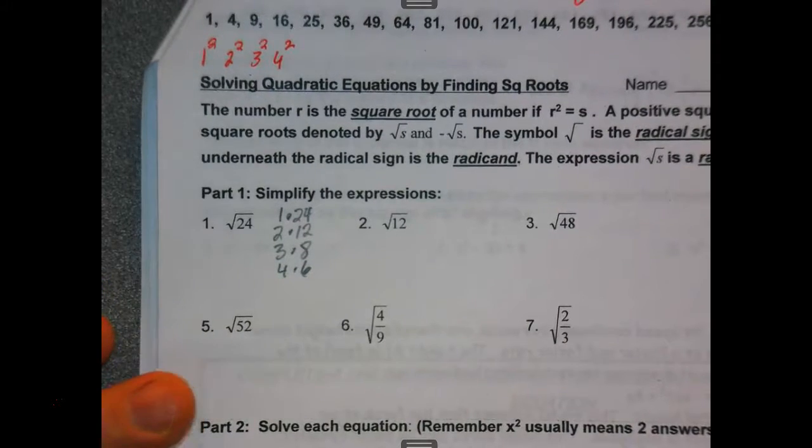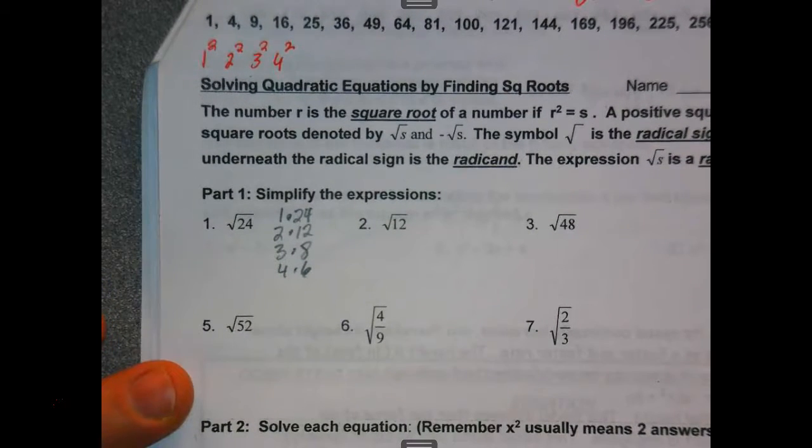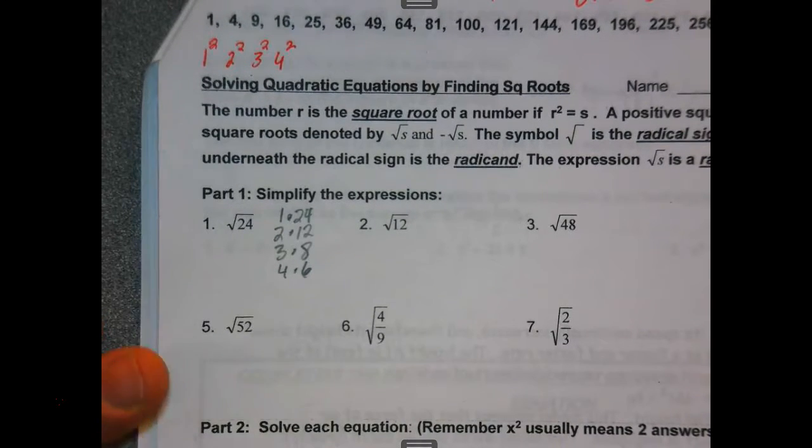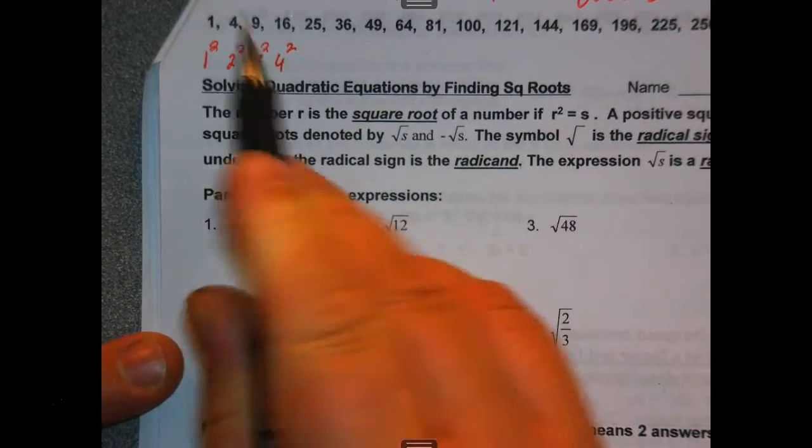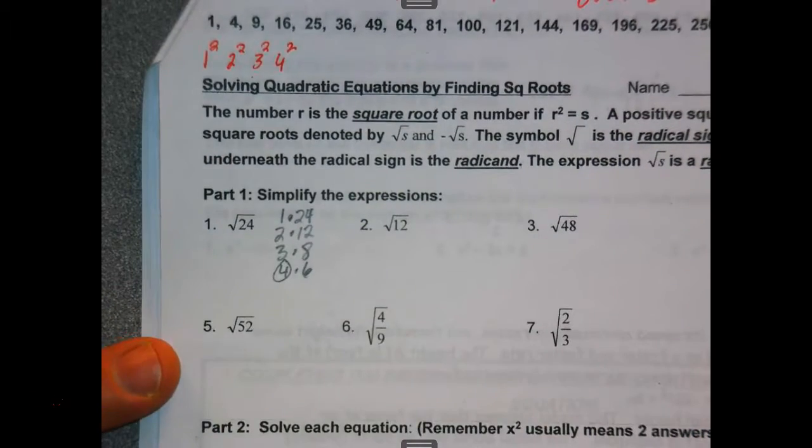Okay, then you look at these factors and think about the highest. Well, first of all, what are the perfect squares of these factors? 4. 4 is one of them because it's up here. Any others?